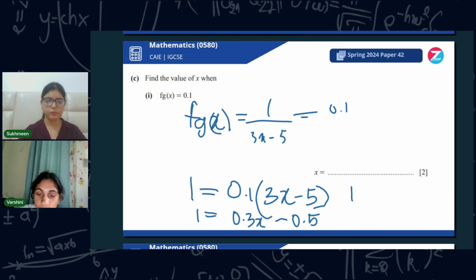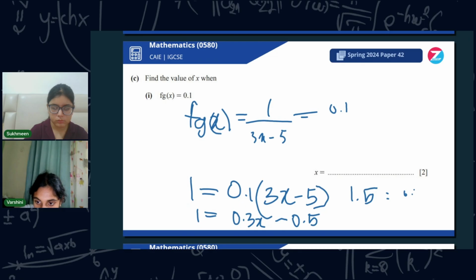So 1 plus 0.5 would be 1.5 equals 0.3x. And now to get rid of the 0.3, we just divide both sides by 0.3.